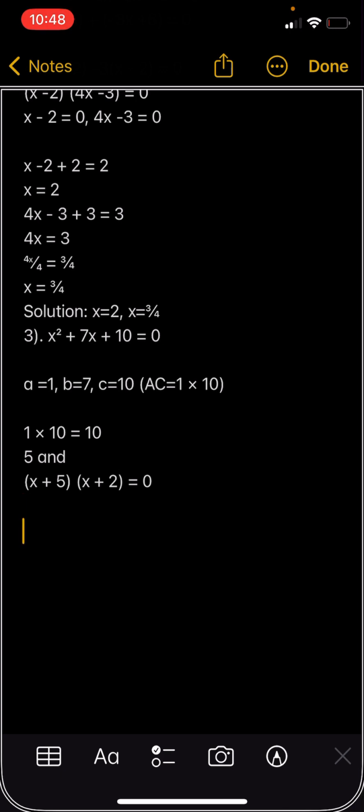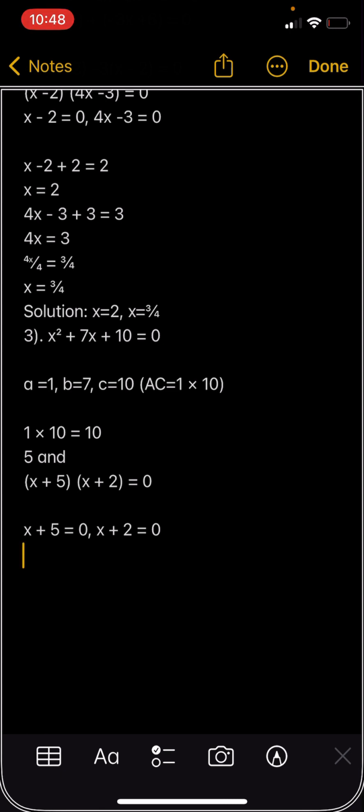So now all we need to do is go ahead and set each one of those brackets equal to 0 and solve. So let me do that. x plus 5 equals 0. And then we have x plus 2 equals 0.